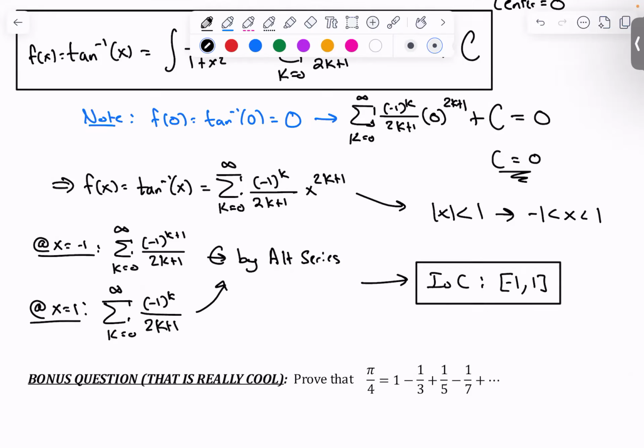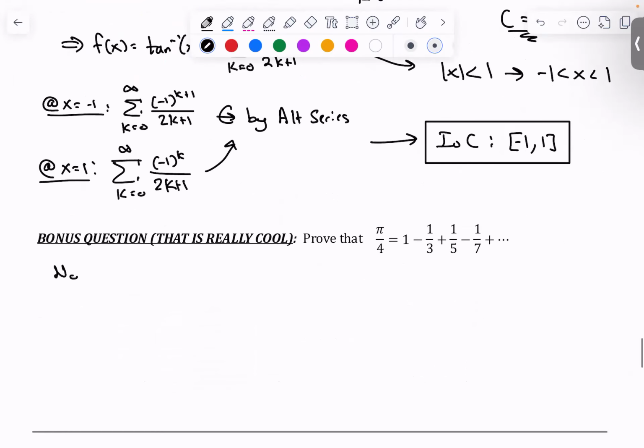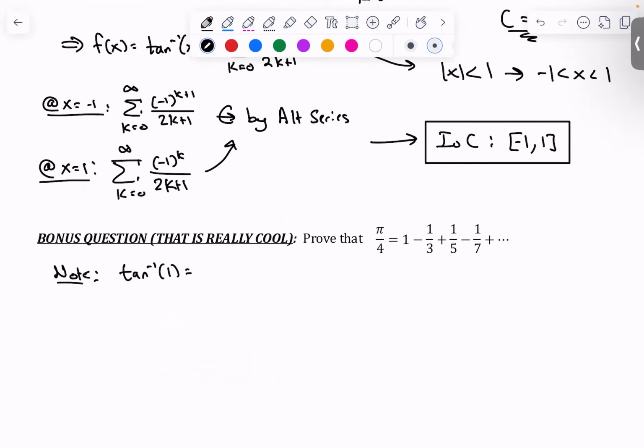It obviously has to do with this problem, right? What do you think you should do? Yes, so specifically, we're going to be working with this series, and we're going to note that tangent inverse of 1 is equal to what?